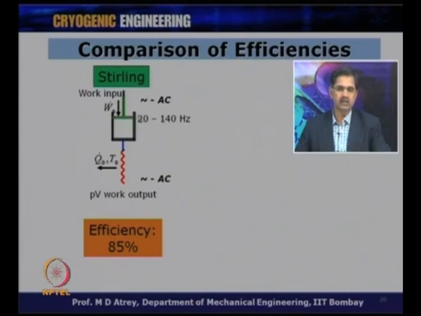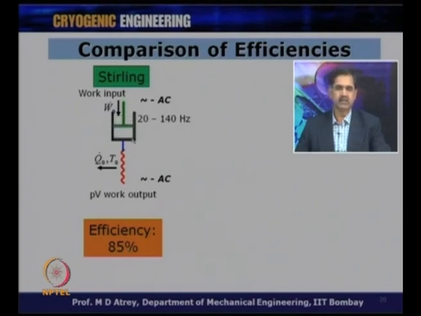What goes in is the oscillating motion, which is 20 to 140 hertz, and at the same frequency the pressure will come out oscillating and be fed to the expander. Whatever oscillating motion the piston has, the same oscillating motion of the pressure goes to the expander, and this AC to AC conversion could be about 85%.